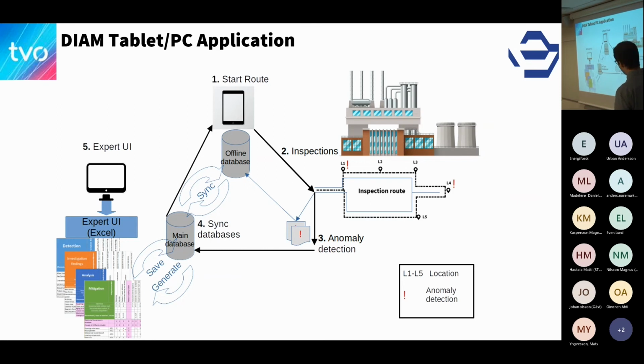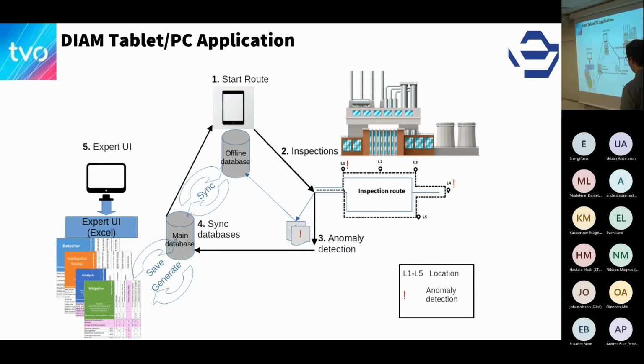Based on the previous workflow, the person doing the inspection might do further investigations and mark findings, but in the end of the inspection, we have a collection of these indications. When the tablet is brought back to the office, it's synchronized with the main database. Then the information from the tablet is available for everyone using the program.